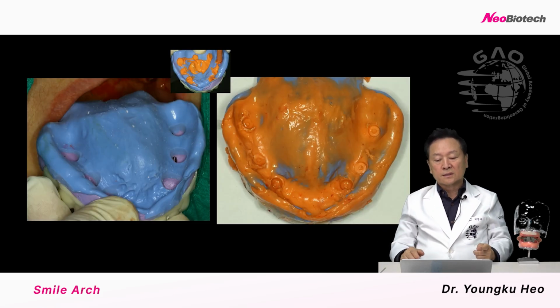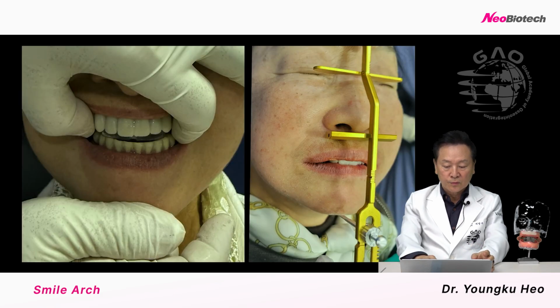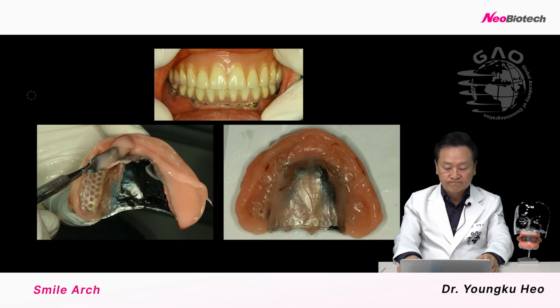But if we're using this SmileArch M, this is the original impression. We can modify, we can alter the impression and reline it in the mouth over the implants, so that we can match both together. And also we can confirm again the smile line, vertical dimension, and CR record. Everything we can do again to get very accurate information.